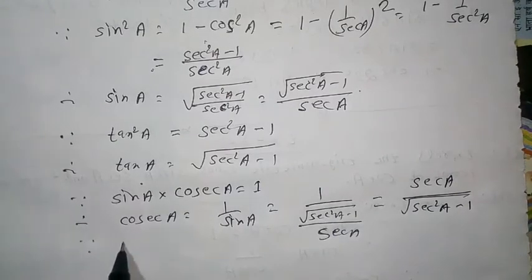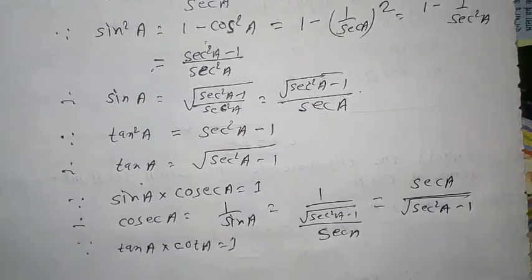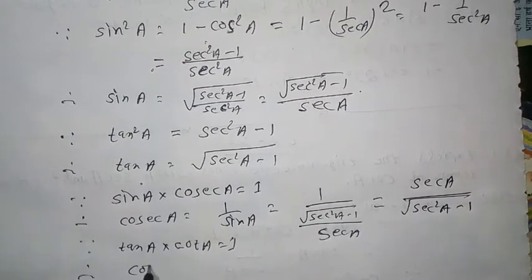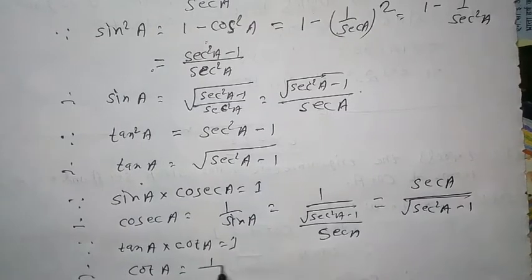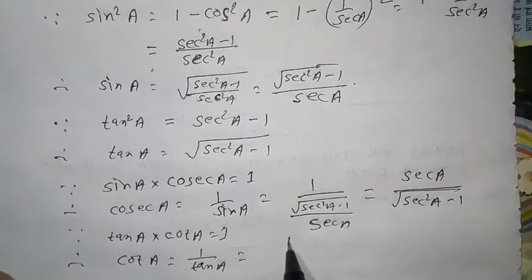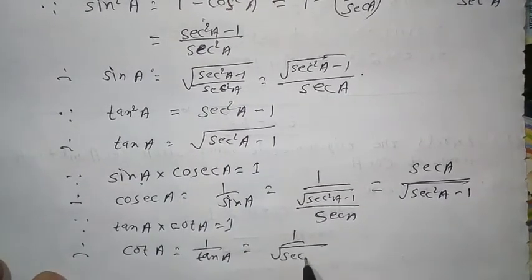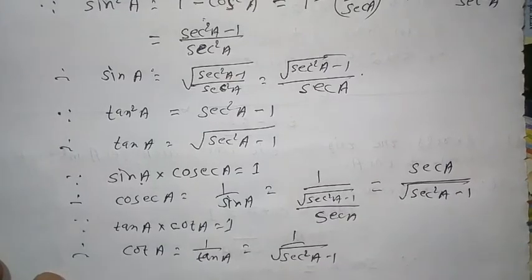Because tan A into cot A is equal to 1, therefore cot A is equal to 1 by tan A, is equal to 1 by root under sec square A minus 1.